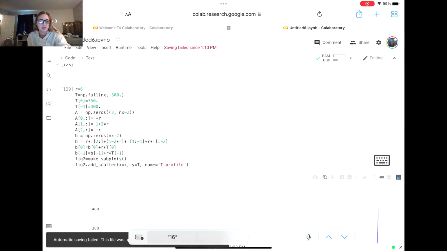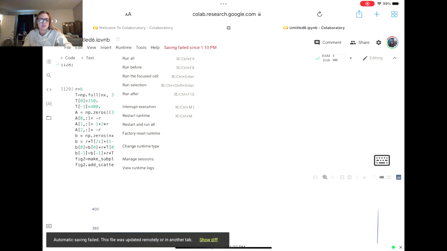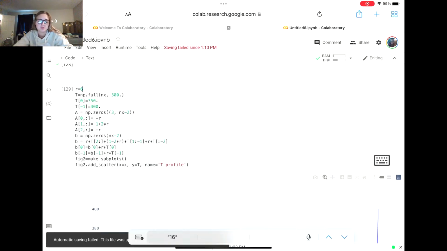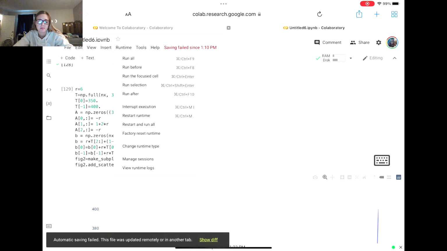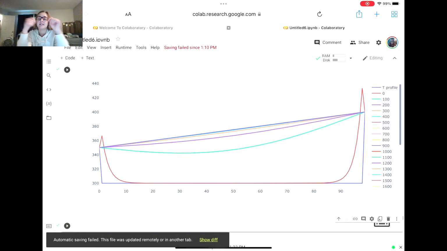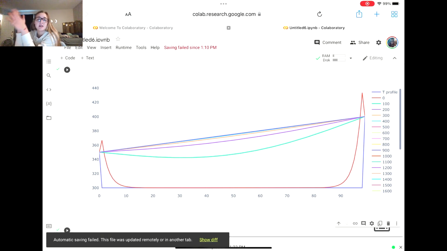We can even, let's do 6. Let's just see what we look like. Okay, so we see that it's still a pretty nice graph. It does have some inaccuracies in it, but it's not as unstable. It's more stable than our von Neumann expression that we did in coding.